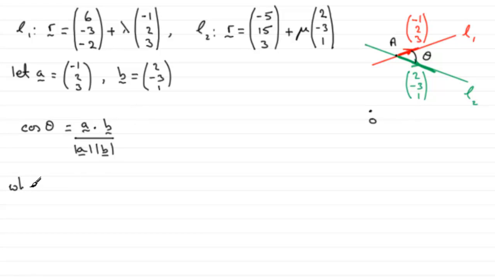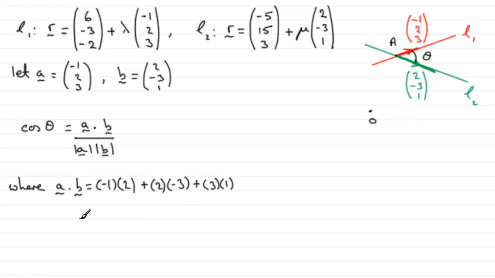So when it comes to working out what cos theta is, we need to do A dot B, and we should be familiar with working out how to dot two vectors together. What you do is you multiply the components together and you add them. So in other words, you have -1 multiplied by the 2 here, and then we add it to the product of the j components, which will be 2 multiplied by -3, and then we add that to the product of the k components, 3 times the 1.